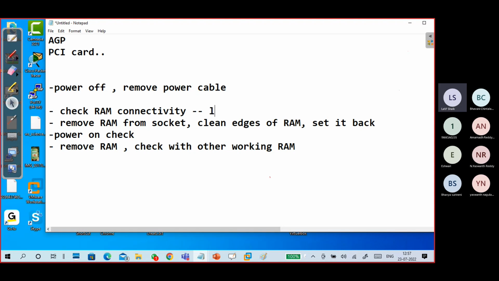To check the things like loose connection, dust.